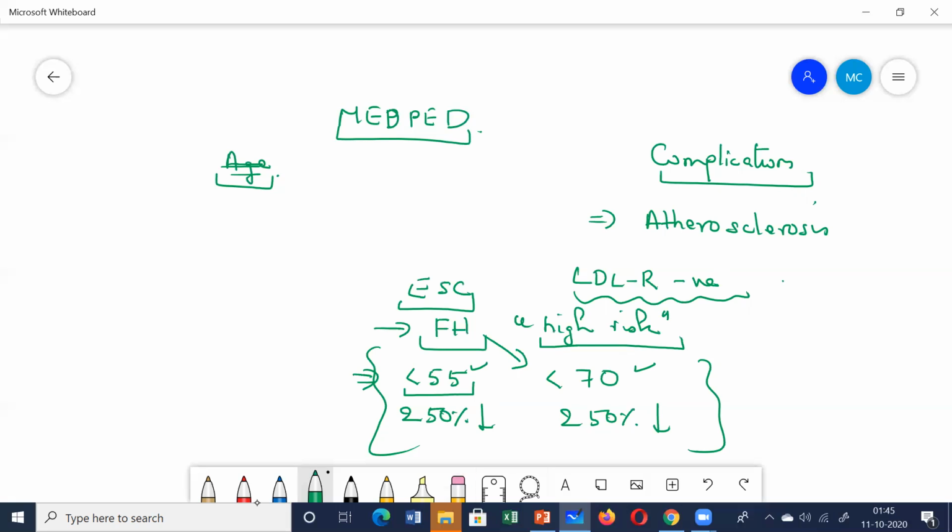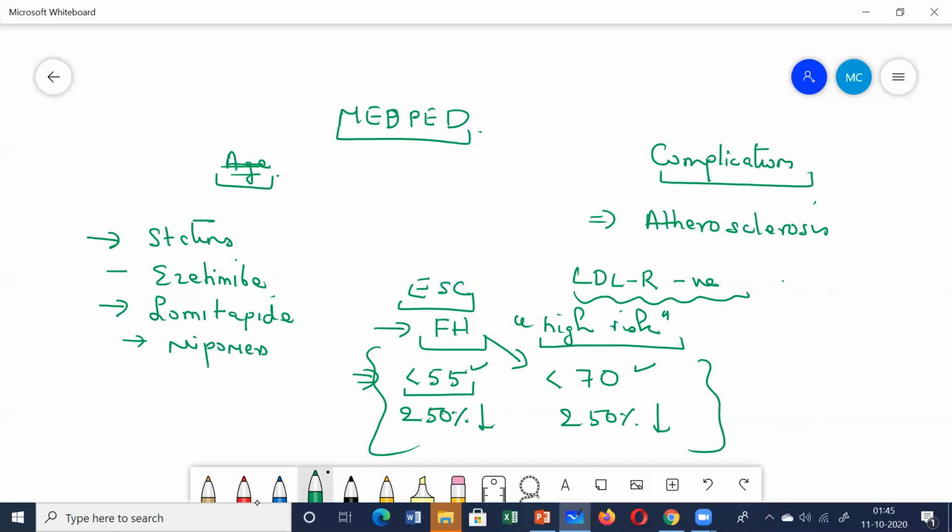Okay, so what are the current treatment options for these patients? Obviously, the conventional treatment: you start with statins, and if they are not able to achieve their goals, go for ezetimibe. If still not able to achieve the goal, you have these new molecules, lomitapide and mipomersen. But these two molecules carry a risk of hepatotoxicity.